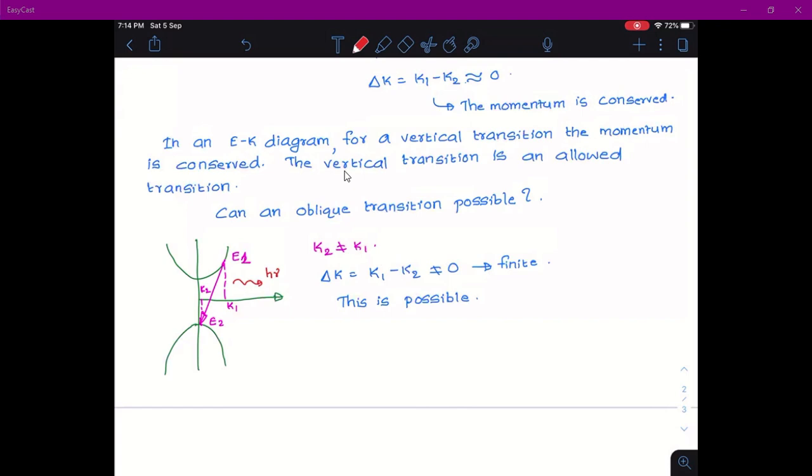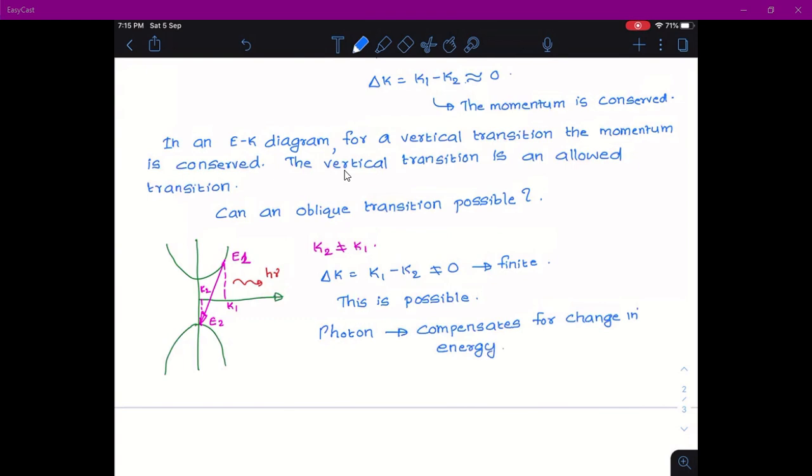But to make the conservation of momentum applicable, there should be some kind of particle which can compensate the change in momentum. So the light or the photon compensates for the change in energy.